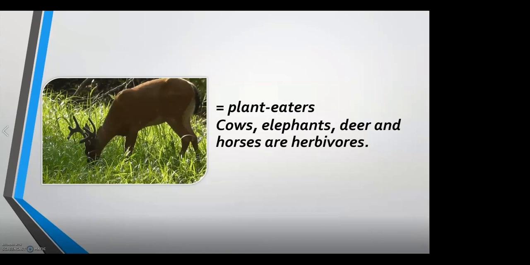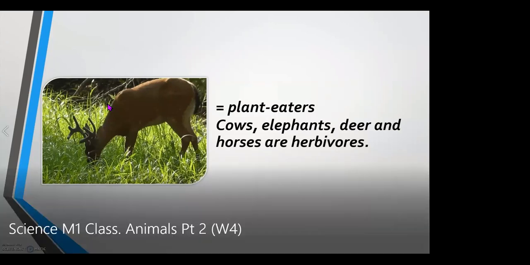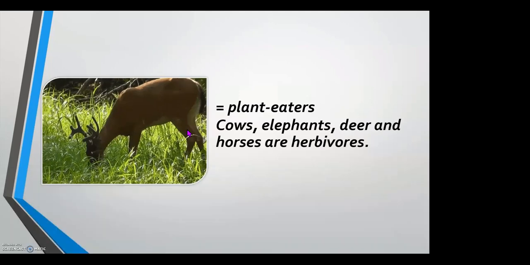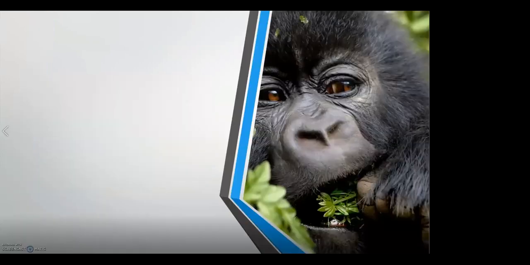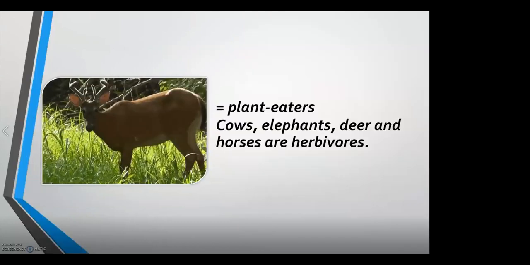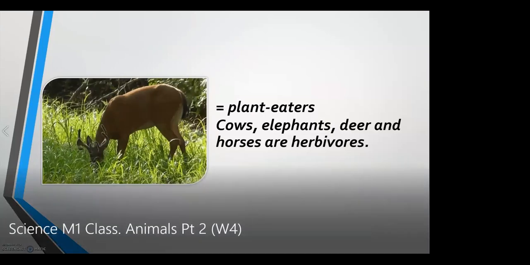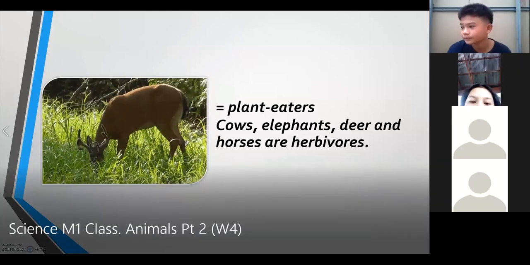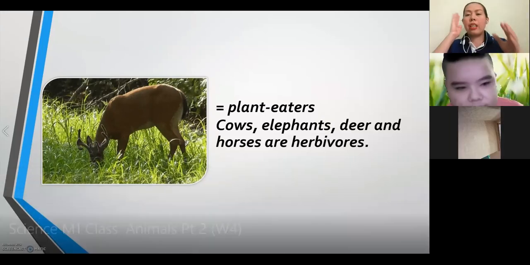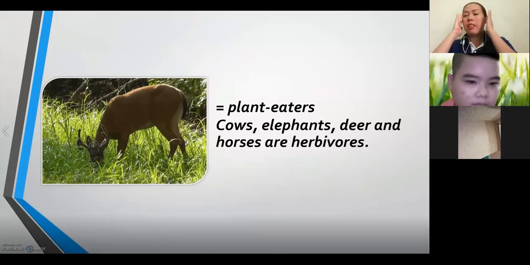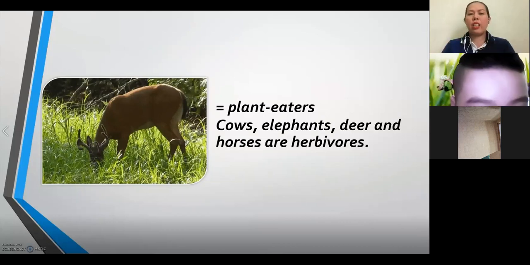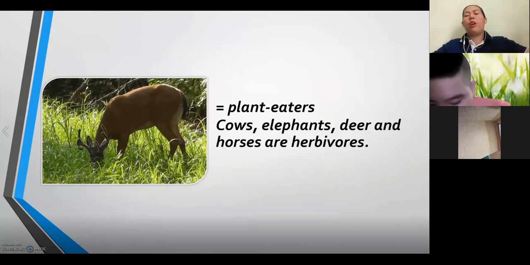Another one? Buffalo. Buffalo, very good. Okay, this one, what is this in the video? Deer. Okay, very good. They are herbivores. So most of the herbivores have their eyes on the sides of their head, so they can look at their surroundings very widely.